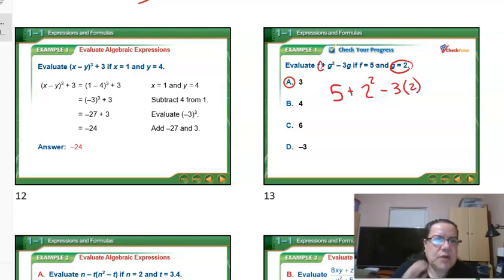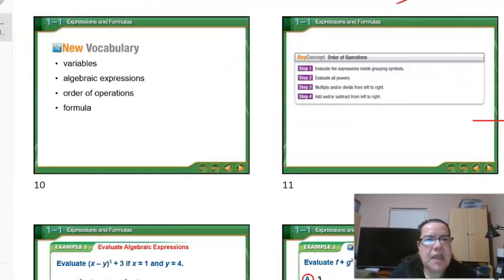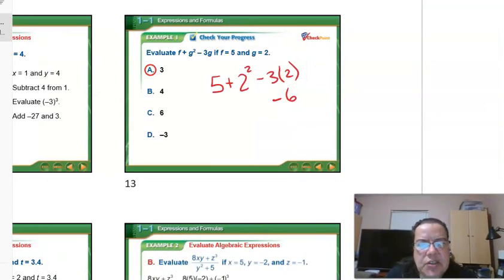So now we do the order of operations. According to that, I should do parentheses first. So this would be minus 6 here, because negative 3 times 2 is negative 6. And then we've got 5 plus, and so sorry if you notice some glitches, but let me continue. So then this was 5 plus 2 squared is 2 times 2, which is 4.